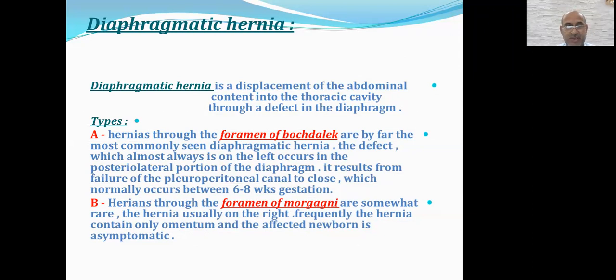Frequently, the hernia contains just omentum of the abdomen, and the newborn is, of course, asymptomatic in most cases, while the left side is the more severe one.